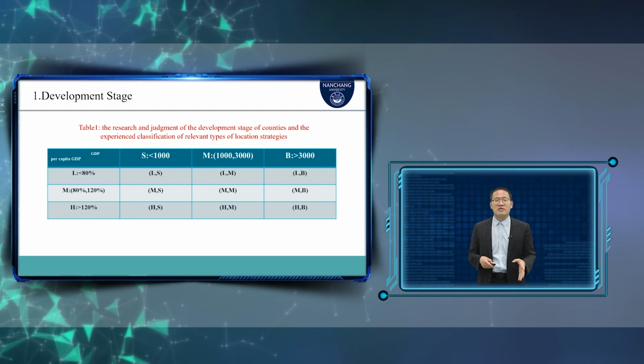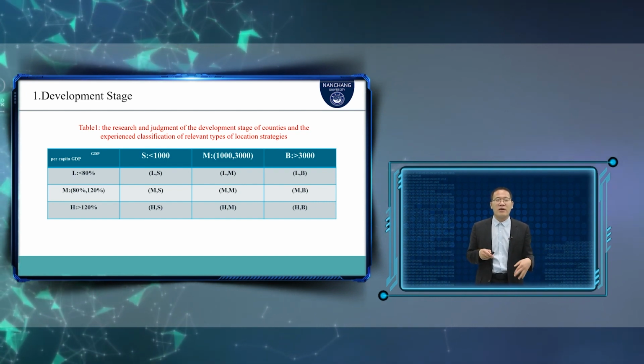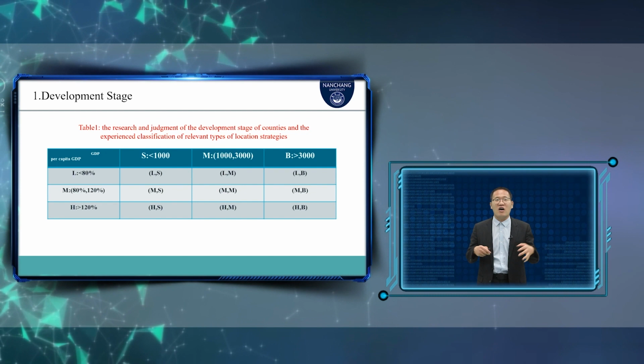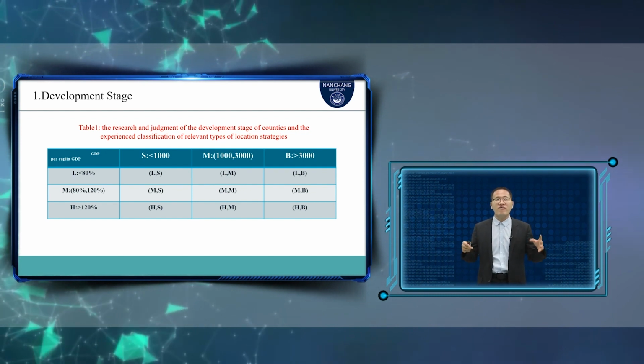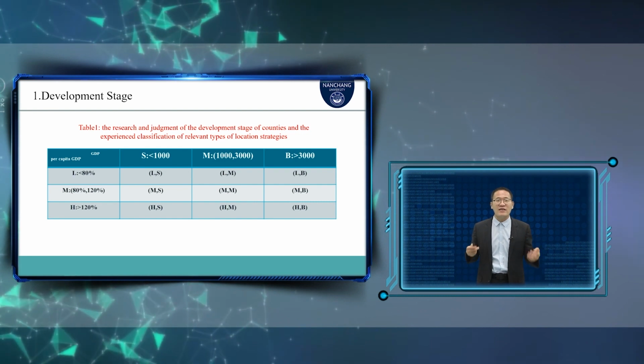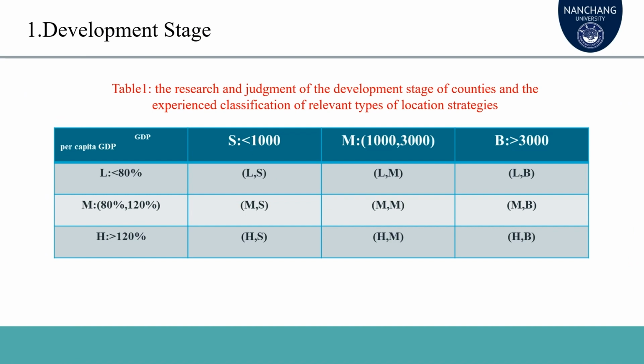For example, we can divide Chinese counties into three categories. The county with a proportion of GDP per capita less than 80% is classified as a county at low-level development stage, denoted as L. The county is generally traditional, resource-dependent, or a typical agricultural one.